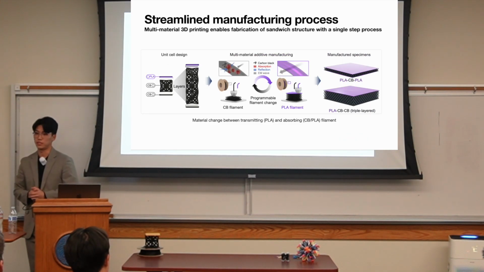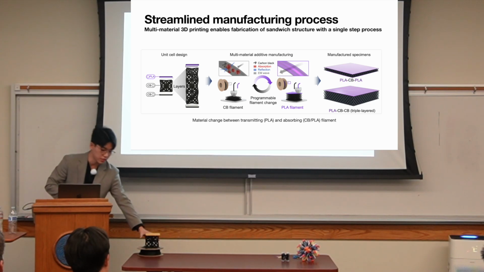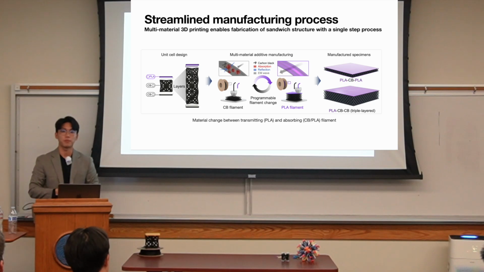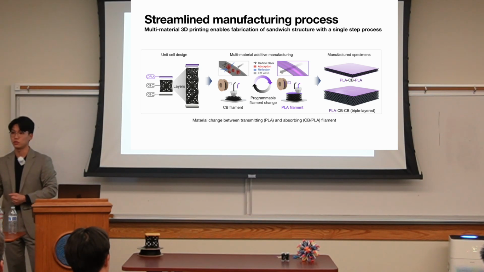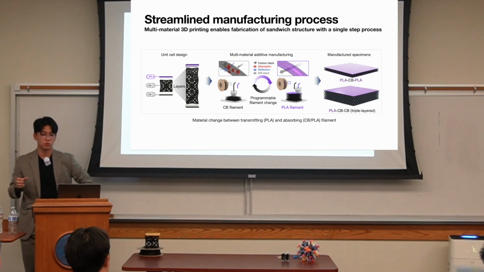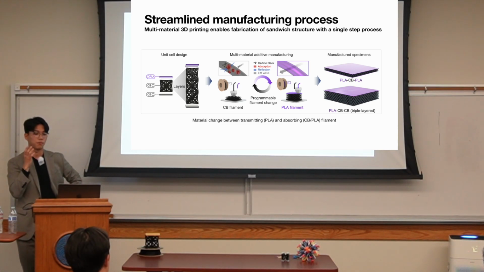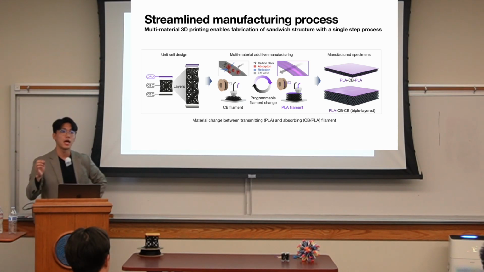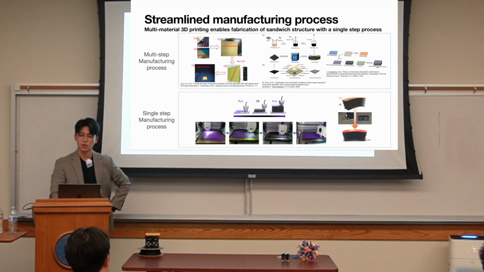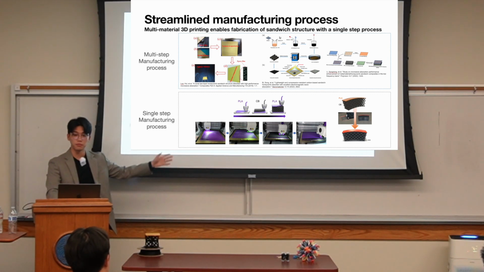Another benefit of this is that it is intentionally separated for demonstration purposes, but all of this process can be done in just a single step using multi-material 3D printing. By swapping the transmissive material and the absorbing material, we're able to use multi-material 3D printing and print out this sandwich structure at once. The process that we actually took is the one you see on the bottom.